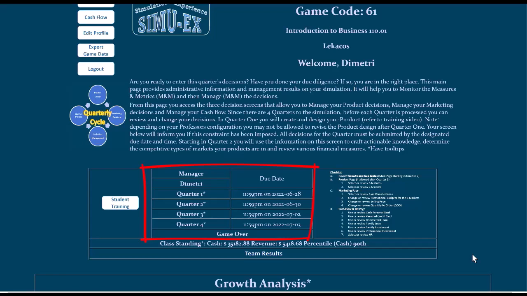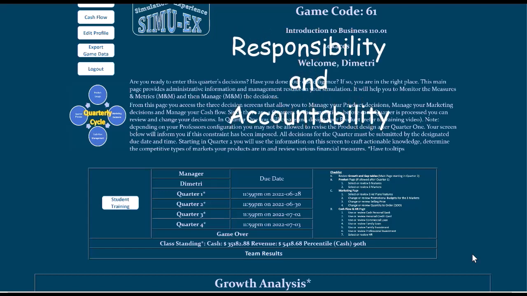Now, this also moves into another characteristic of being a good manager, namely responsibility. It is your responsibility to make these decisions by the due date, and you will be held accountable for those decisions being performed and completed by the due date.